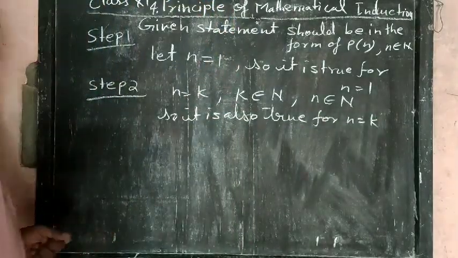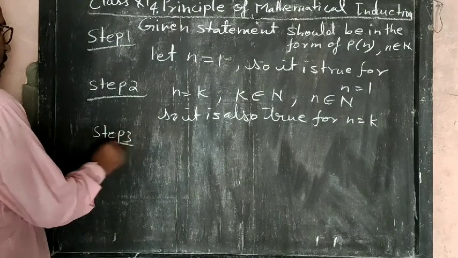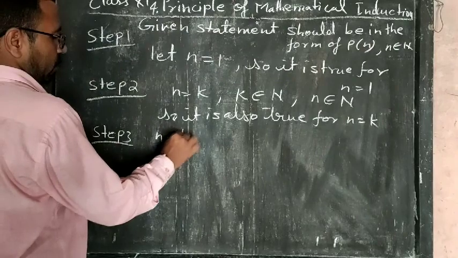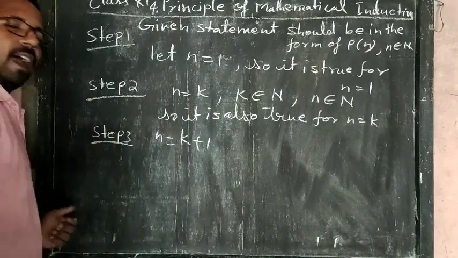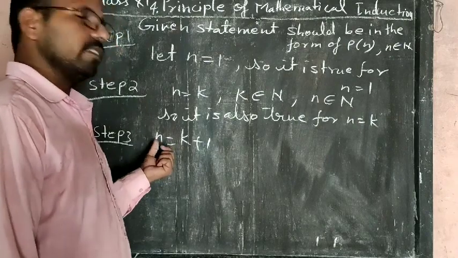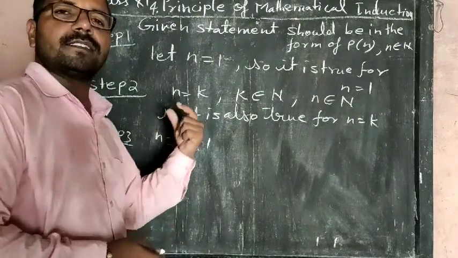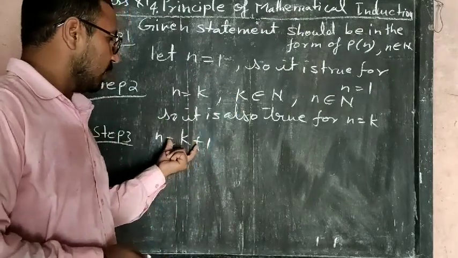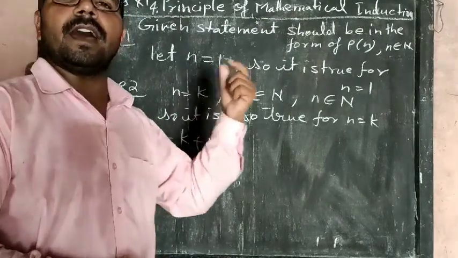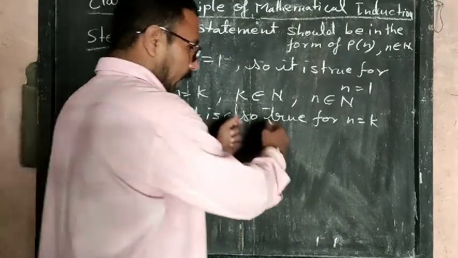So in the next step, students, step number 3, we will check n is equal to k plus 1. If we take n is equal to k plus 1, we will take it on the LHS side, and the same thing we will put at the place of n, k plus 1, on the RHS side also, and we will solve the LHS side and RHS side.